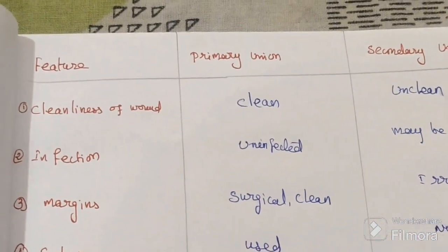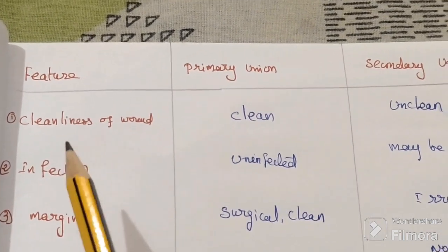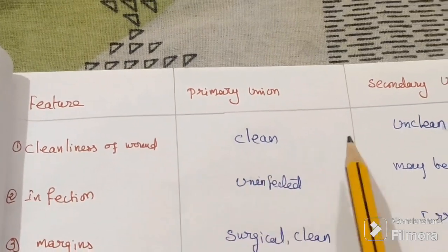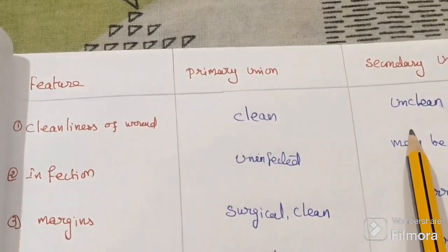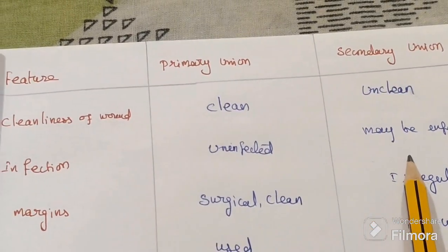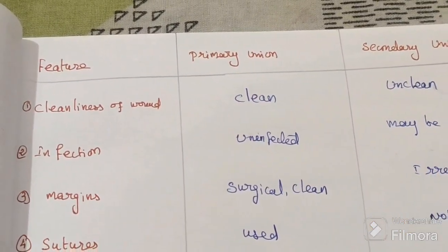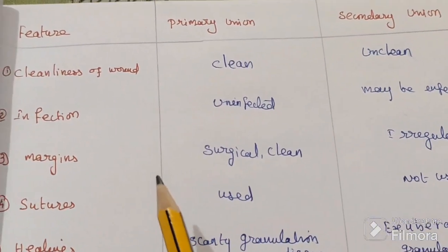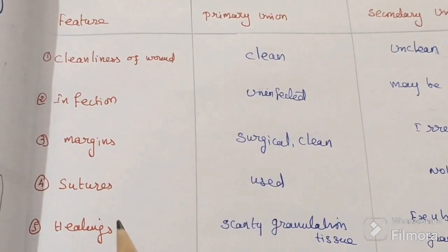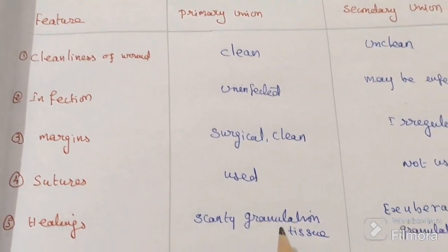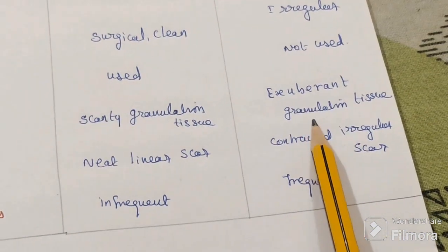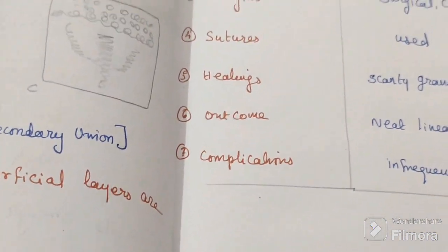What is the difference between primary and secondary? Here the wound is clean, here unclean. Here uninfected, here maybe infected. From outside this one is very neat, here dirty. Here a suture is placed with scanty granulation, here abundant granulation tissue.